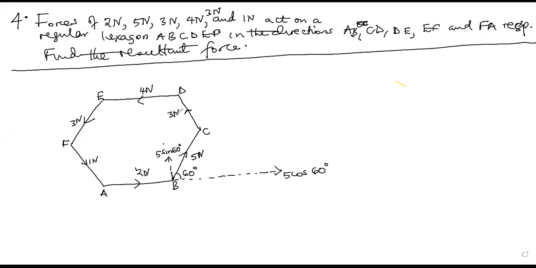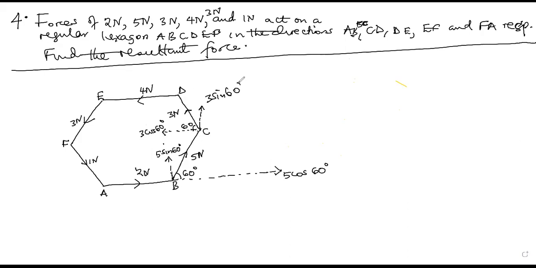Then when you look at the 3 Newton force, you resolve it vertically and horizontally. Horizontally, it is going to be 3 cos 60 degrees, having a 60 here, and the vertical component is going to be 3 sin 60.